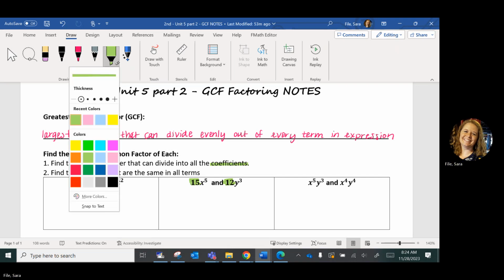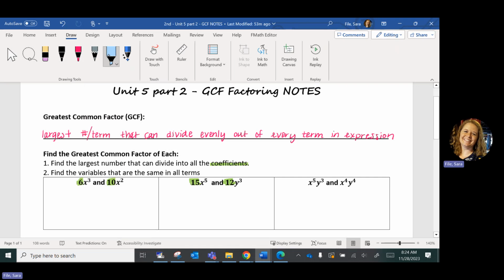Then we're going to look at the variables. We're going to find the variables that are the same in all the terms. Here we've got x cubed and x squared. Yes, I know that 3 and 2 are not the same, but the variable x is the same, right? That's what we're looking for.